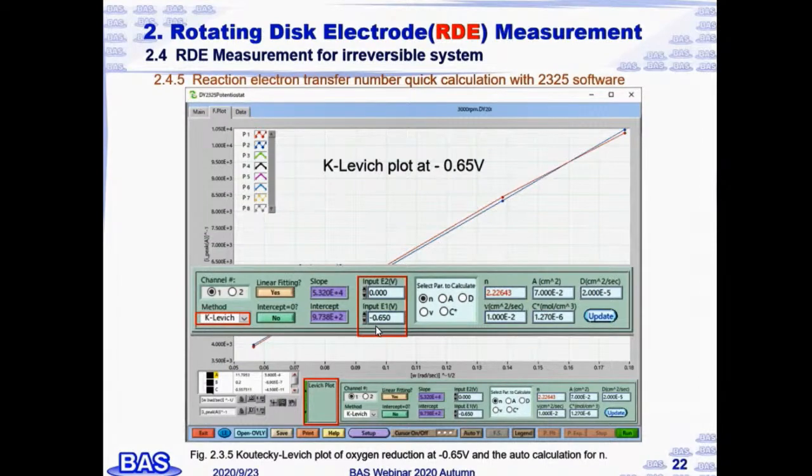Enter the potential for the current selection, and the linear plot appears, then the slope and the intercept are displayed. Furthermore, select a parameter to calculate, such as n, enter the other parameter values, and click the Update button. n is calculated immediately. This function is quite helpful for each parameter calculation.